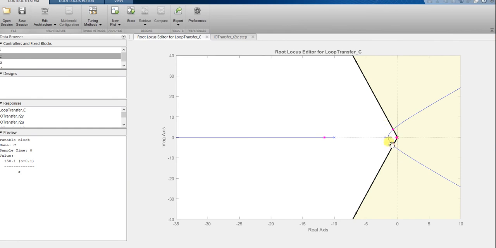Now we can see that they are at the intersection, okay? And therefore the steady state requirement will be satisfied, and the step response of the system will also give us steady state error equal to 0.